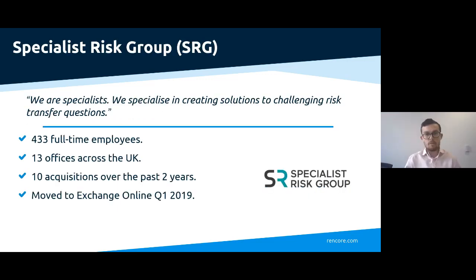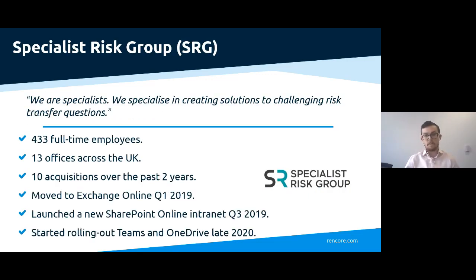Thanks, Charles, and welcome to Specialist Risk Group. We are a specialist insurance broker based in the UK and Ireland. The clue is in the name: specialist. We do specialist insurance from jewelers to trade credit to equestrian insurance and so on. The company has been on a huge M&A trail over the last 2 years, acquiring specialist businesses, enabling us to offer a wider variety of products to our clients.